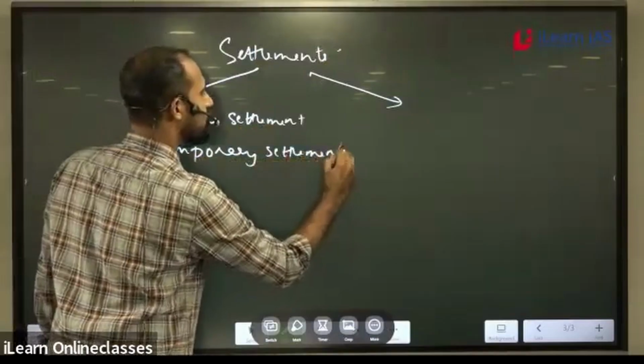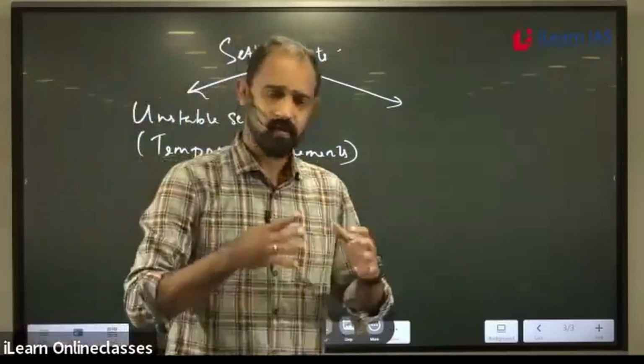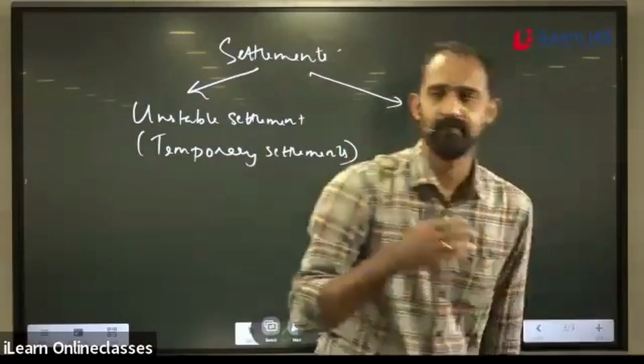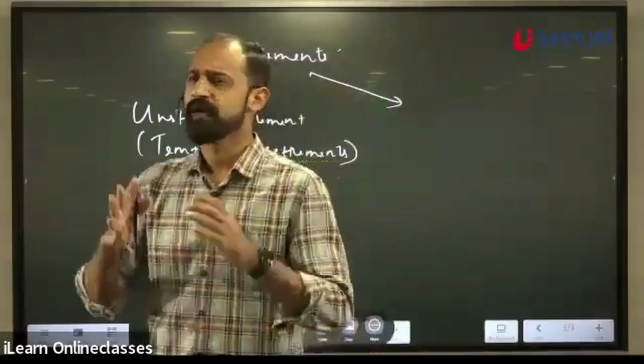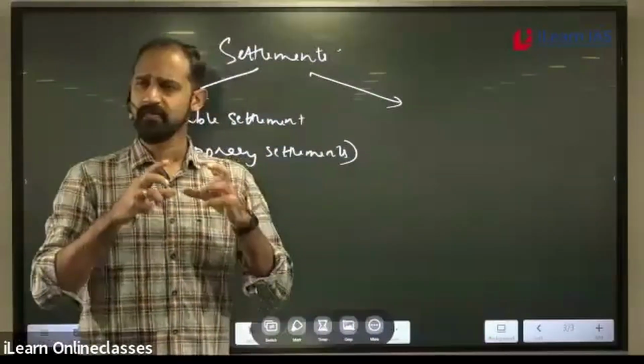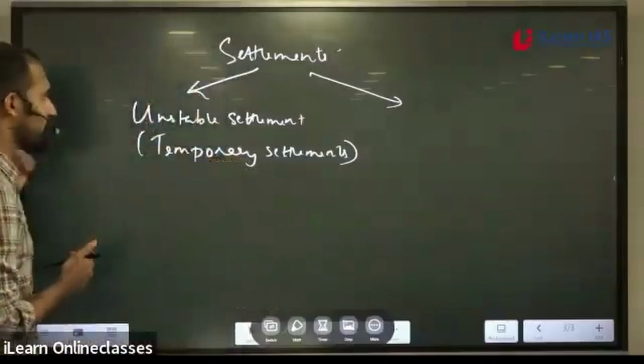Some settlements are made up of temporary things, not constructed to stand for a longer duration. You can find this in some tribal settlements, which are of a temporary nature. Such settlements are called unstable settlements.